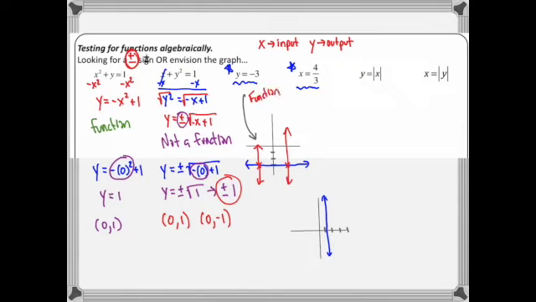However, if I have a vertical line, such as this one right here, X equals a number, a constant, is always going to be a vertical line when you graph it out, and it is going to hit the vertical line in an infinite amount of spots, and therefore that is not a function.